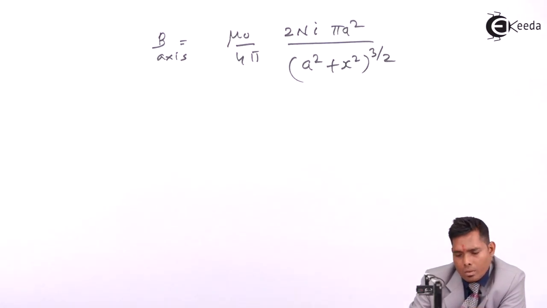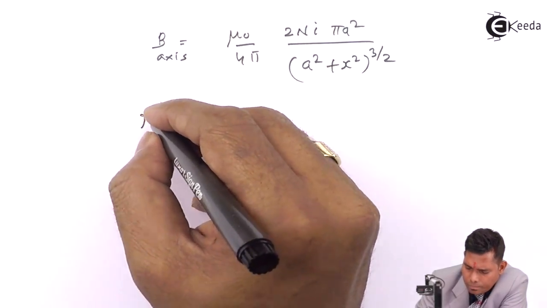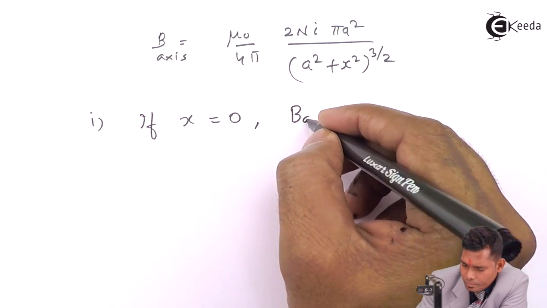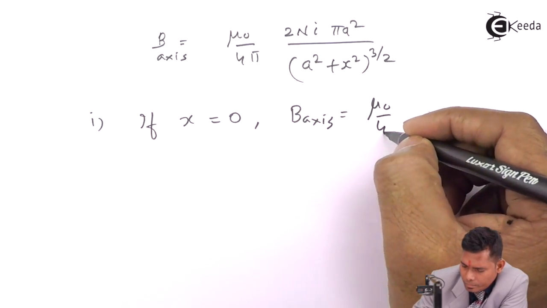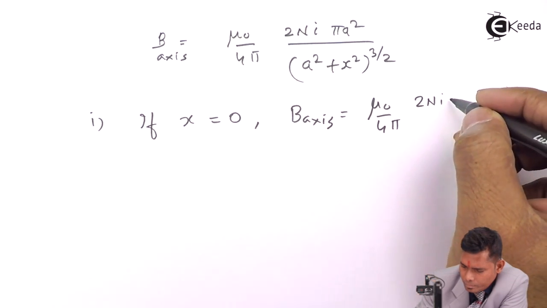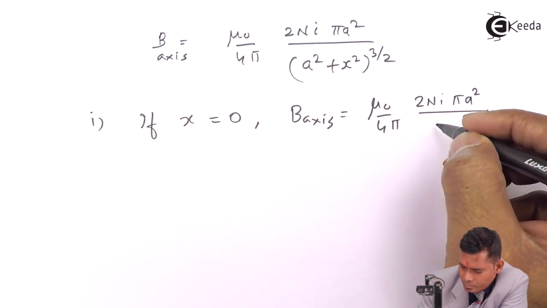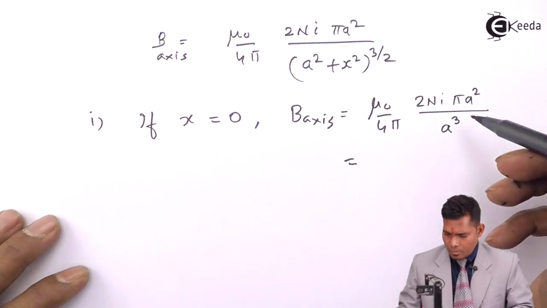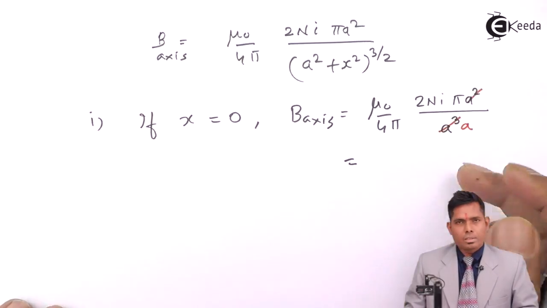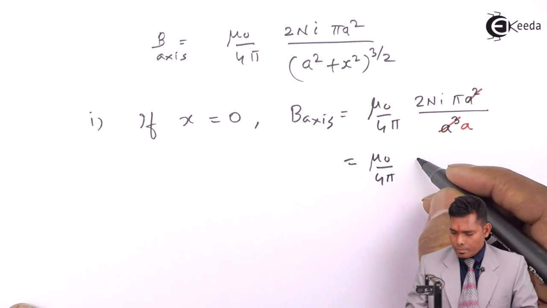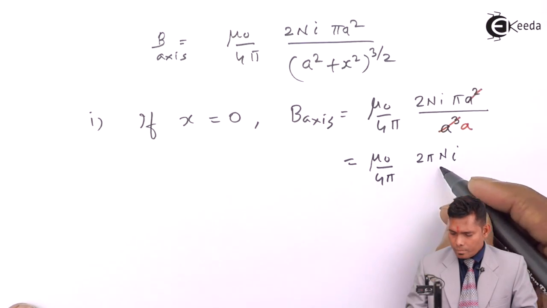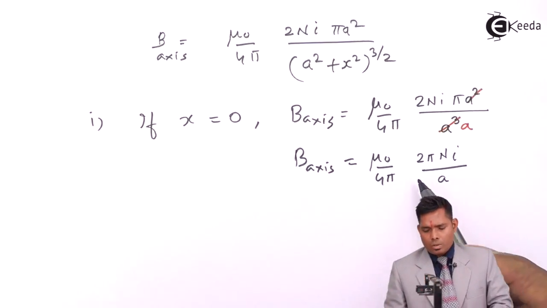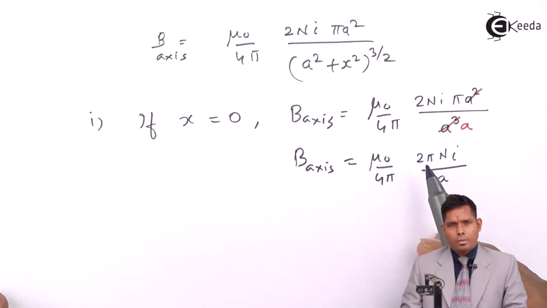If x is 0, that means this is similar to the result that we have got.